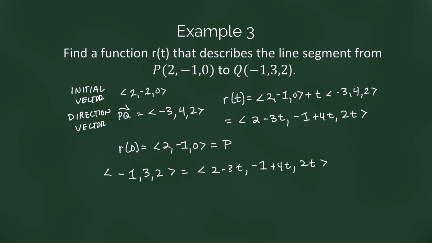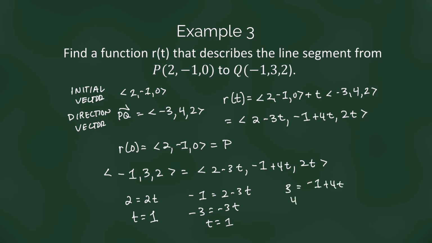If you look at the z component, 2 equals 2t, we get that t is equal to 1. And we can check that with the other ones. Let's look at negative 1 equals 2 minus 3t. If we subtract, we get negative 3 equals negative 3t, and we confirm that t equals 1 works for the x value. And then if we do the y value, 3 equals negative 1 plus 4t, and we get that 4 is equal to 4t.